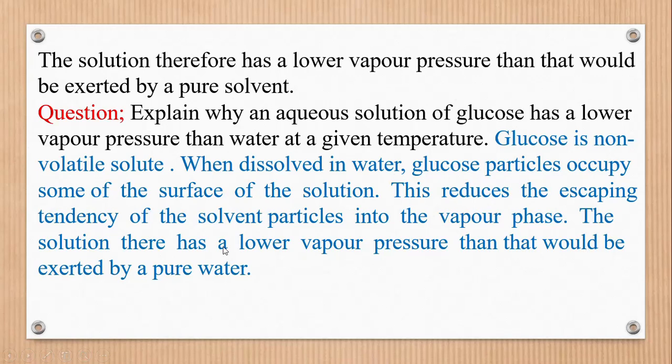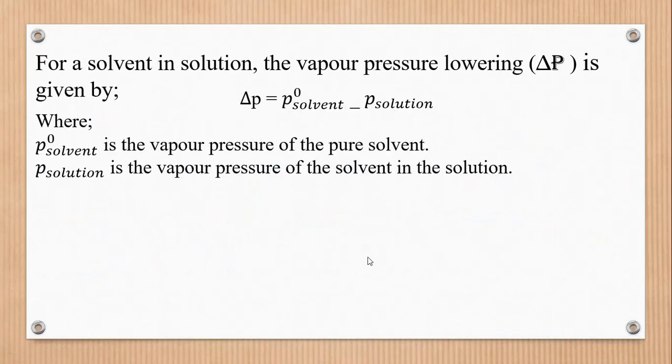Then the solution therefore has a lower vapor pressure than that exerted by pure water. It is because pure water doesn't have anything that prevents it from escaping into the vapor phase.